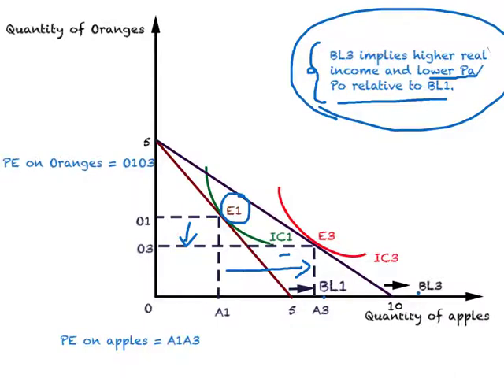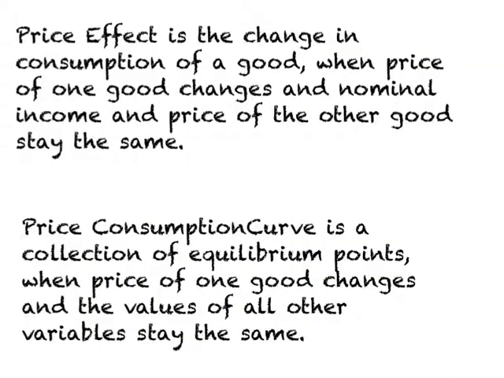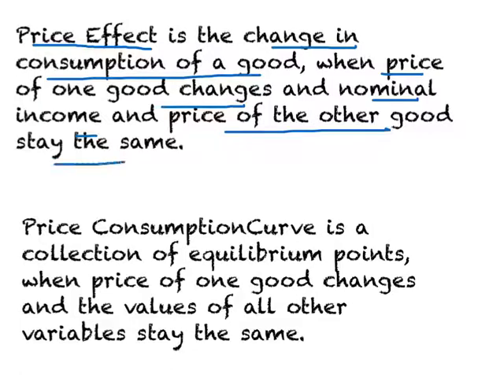Here is the definition of price effect. And what is price effect? It is the change in consumption of a good when price of one good changes and nominal income and price of the other good stay the same. And you know what it does? It changes the real income as well as the price ratio.